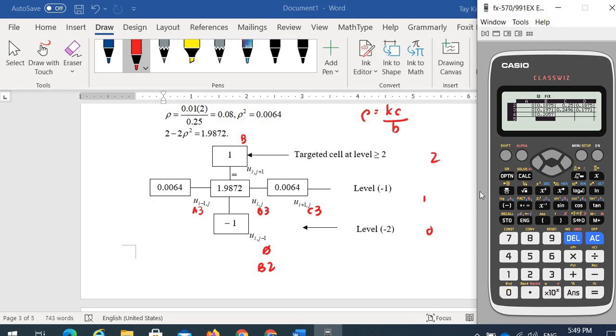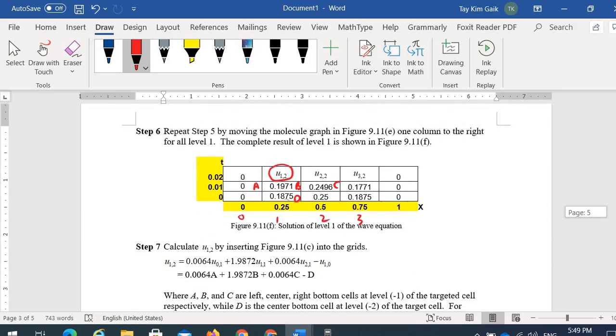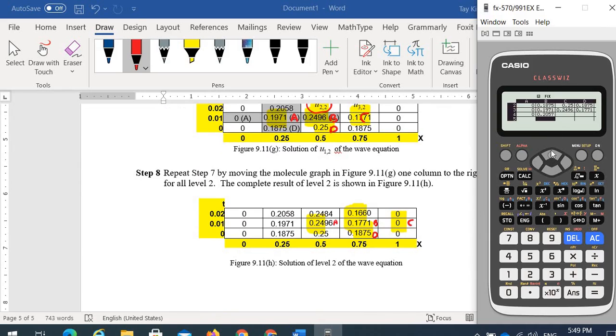So, check the value. 0.2057, and you can copy, right, paste. This is the boundary, so AC, check, 0.1660, 0.2484.